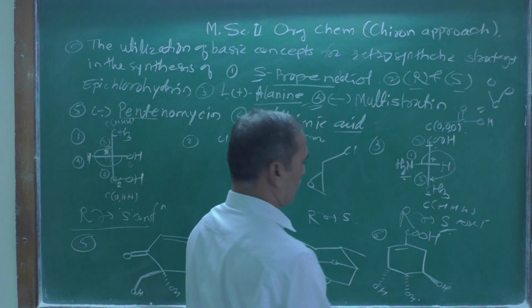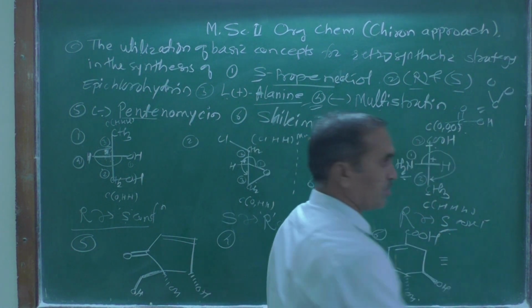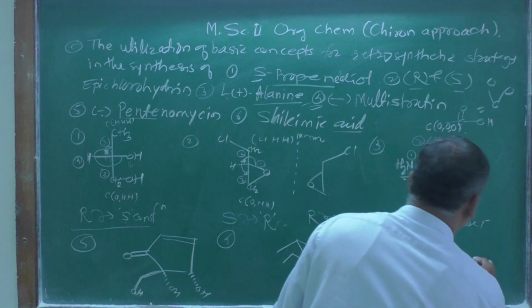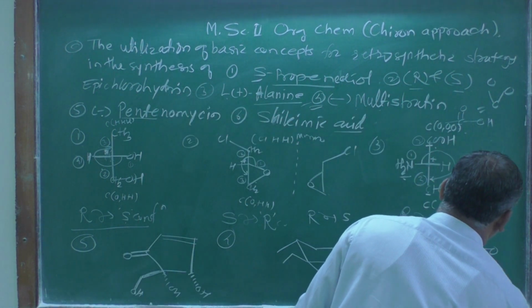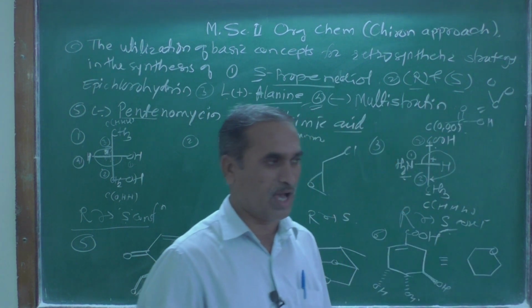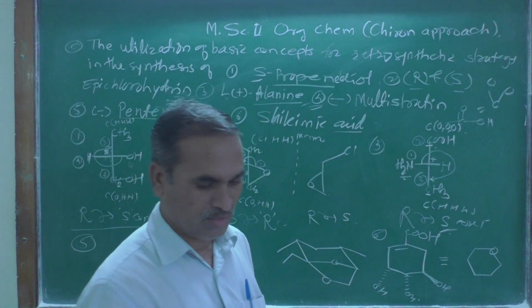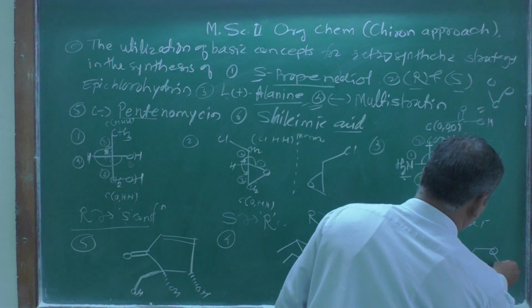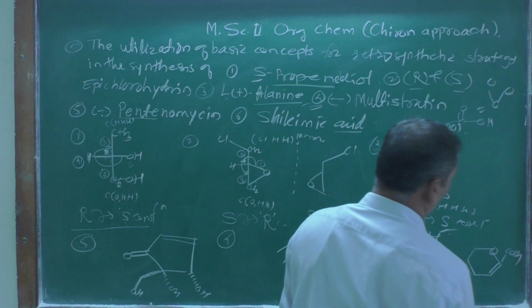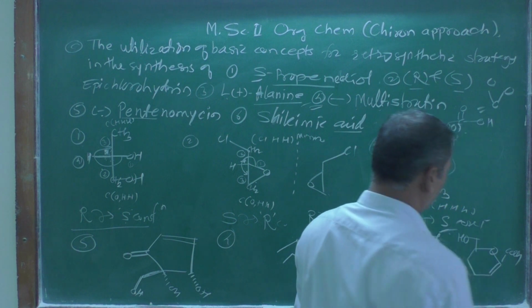This is structure number 6, and we can show it like this. By using the Haworth formula we can draw here a double bond, then C double bond OH, then here you can write this OH.